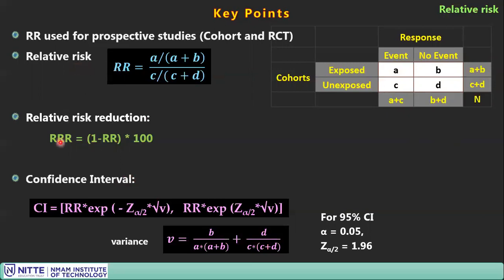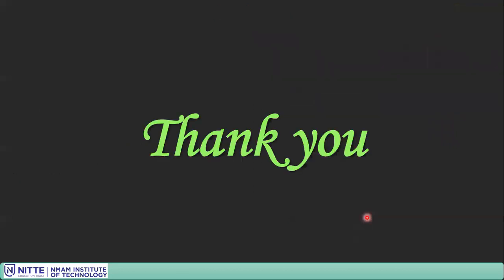Use of relative risk along with the confidence interval is mandatory, otherwise the values may mislead. So you calculate the variance, and note that for 95% confidence interval, the Z value is always 1.96. Yes, that's the end of this video lecture. Thank you.